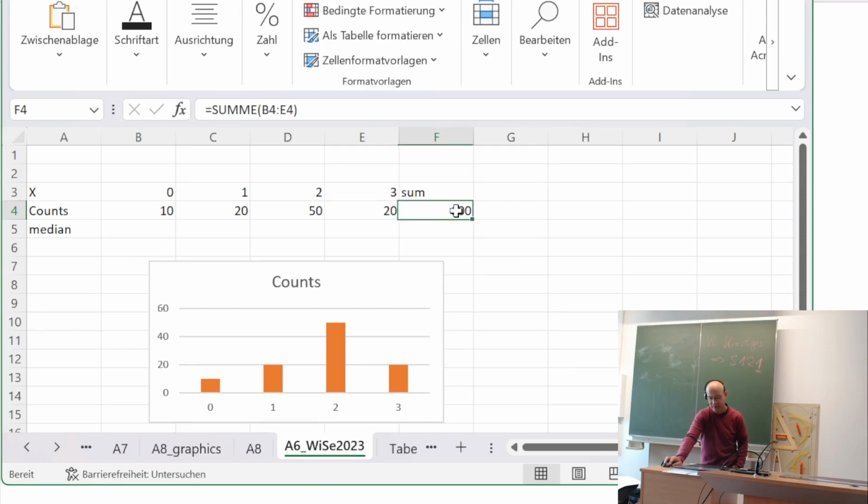So I have 100. Then I sum up from the left 10, 20, and plus 50 is 80. So the 50th largest number we have is the number 2, and the 51st is also the number 2.